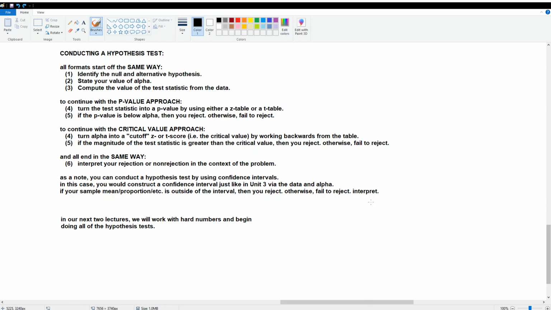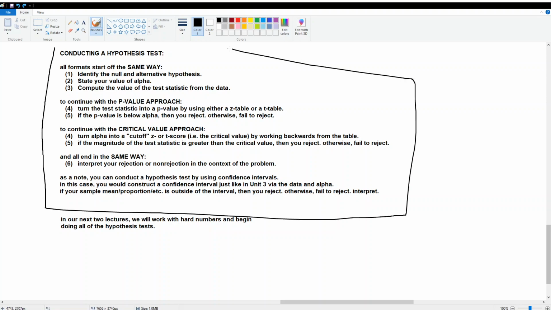This should be on your cheat sheet. All right, we will work with our hard numbers, and we're going to spend all of our remaining lectures just doing a bunch of hypothesis tests, because it's a decent bit of math, it's a lot of interpretation, and I think it's important that I give you as many examples as possible to work through when doing them.